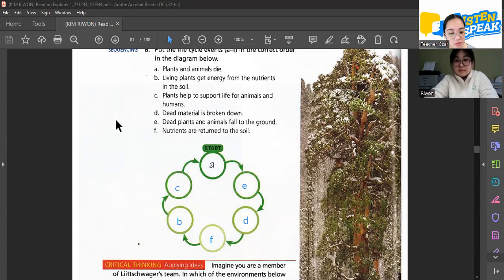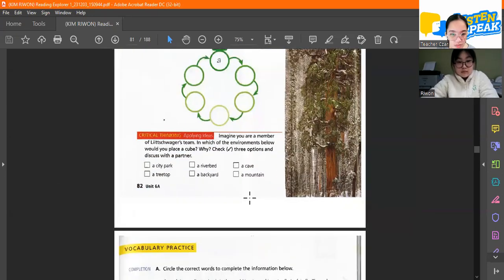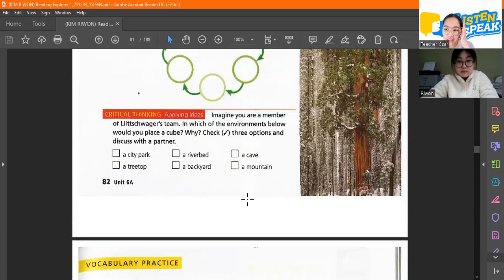So now we will be having this one. Here in the critical thinking, we will apply the ideas that you learned. All you need to do is imagine that you are a member of Litzwager's team who captures microorganisms or tiny organisms.